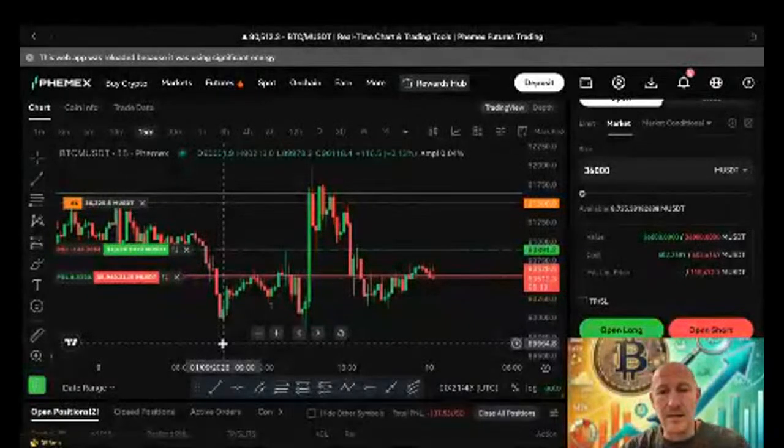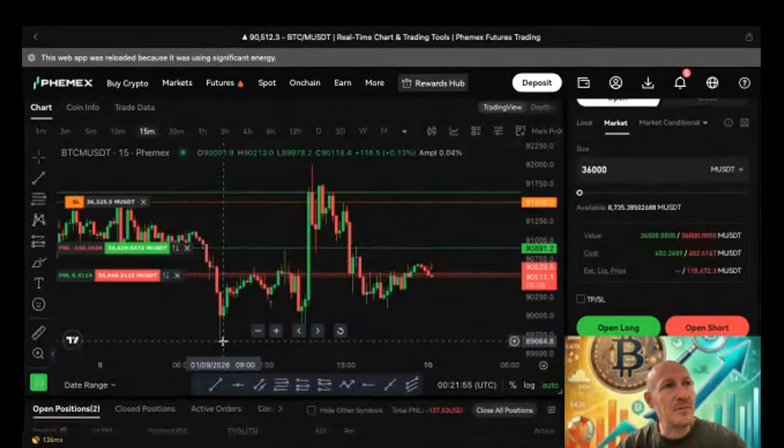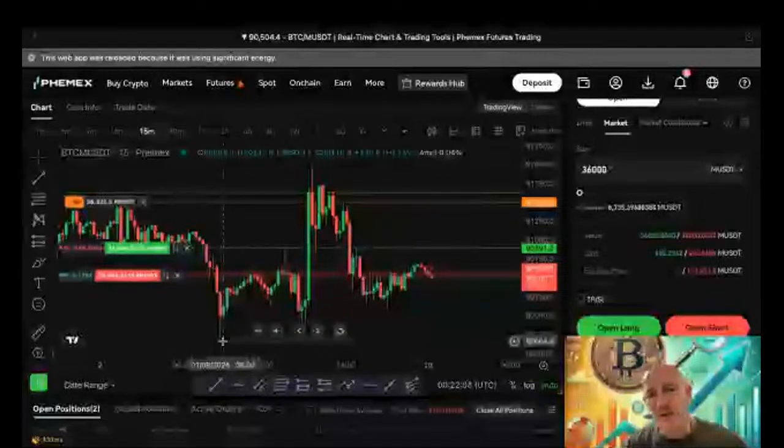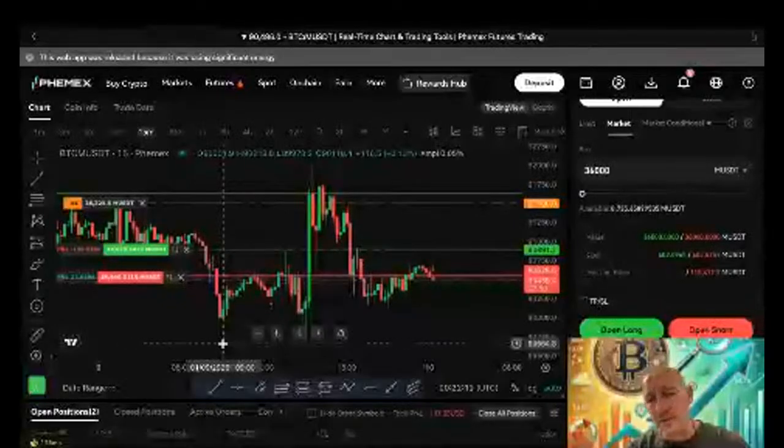And then we will just have to see what happens. But what I hope happens is that this goes down further to wherever it finds support.